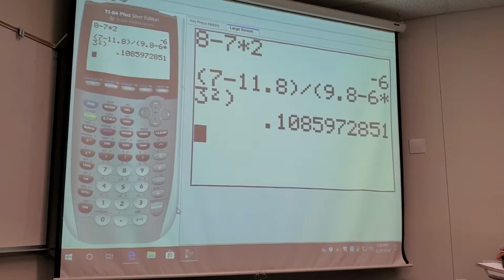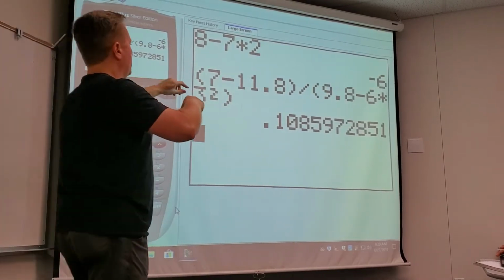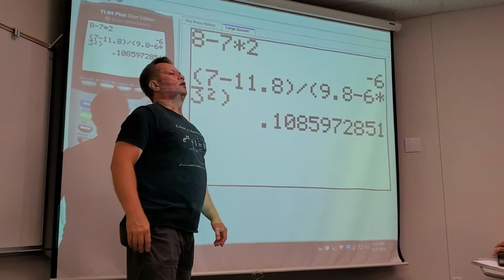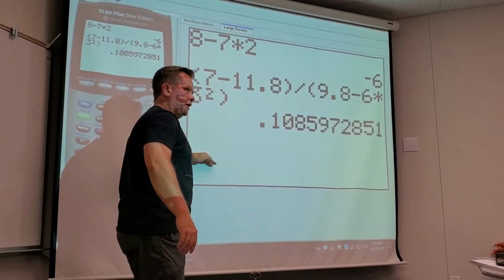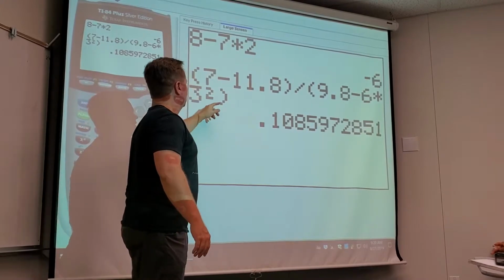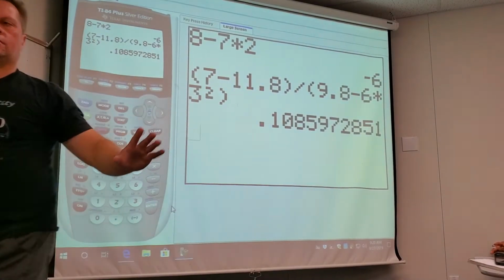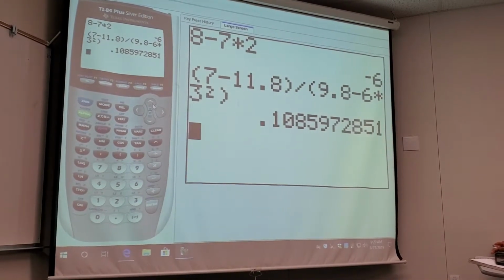Neat. All right, so let's say right now, pretend like this is a much longer expression. I didn't want to overload you today, but pretend like this is really long, and that was supposed to be a plus, so let's pretend like this is several lines of stuff you put in, and then you realize afterwards, this was supposed to be plus. So on the newer calculator, you could just hit the up arrow.